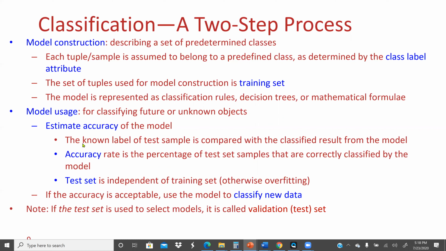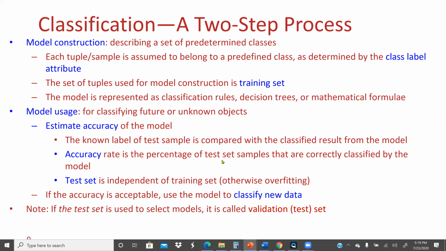Also, the model usage is for classifying future or unknown objects. During the classification process, we need to estimate the accuracy of the model. It's very rare to have a model that is 100% accurate, but we don't want 50% or 60% accuracy.